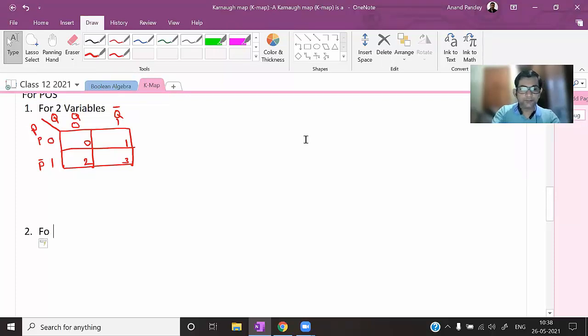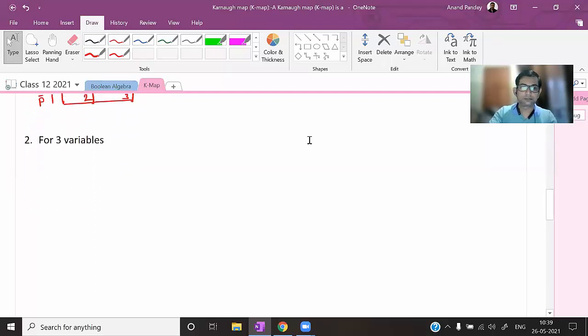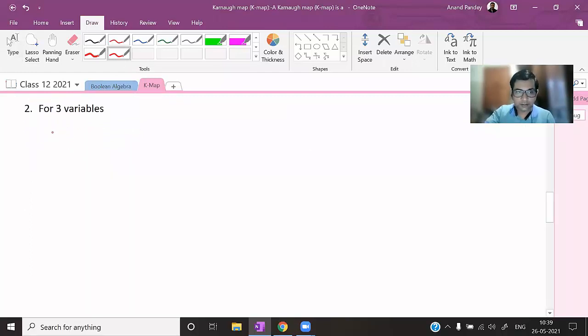Second, this is for 3 variables now. For 3 variables, in the same manner as you already do for the SOP.